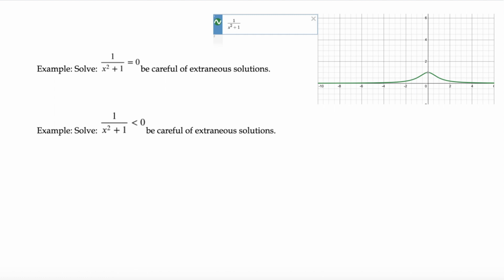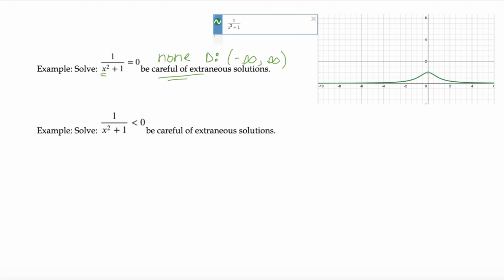Let's solve 1 over x squared plus 1 is equal to 0. Be careful for extraneous solutions. We do not have any extraneous solutions because our domain is from negative infinity to positive infinity. There's nothing that I could substitute in for x that would make the denominator x squared plus 1 equal to 0.